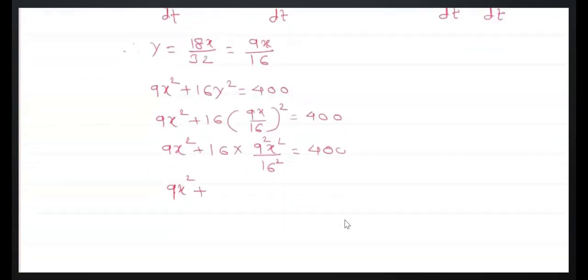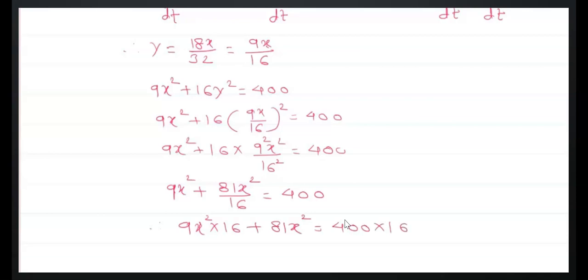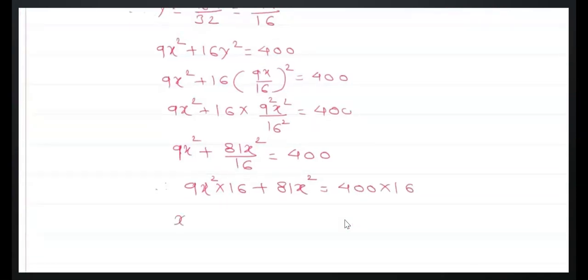Therefore 9x square plus 81x square upon 16 is equal to 400. If we simplify it, 9x square into 16 plus 81x square is equal to 400 into 16. And if we add it, x square in bracket 9 into 16, that is 144 plus 81, is equal to 400 into 16.